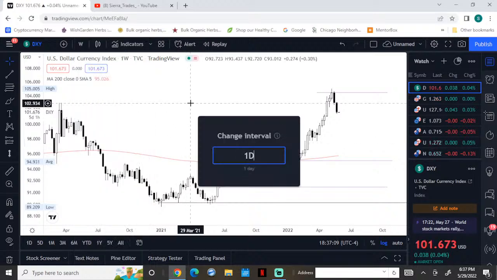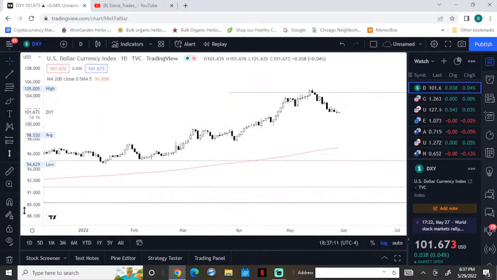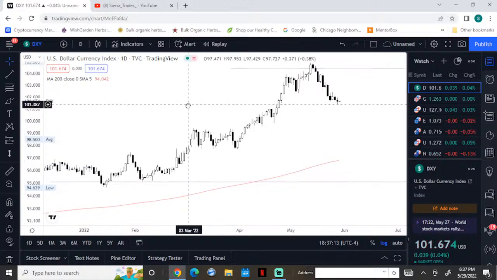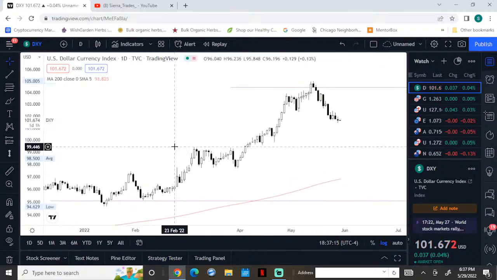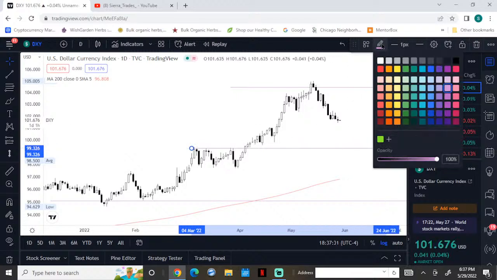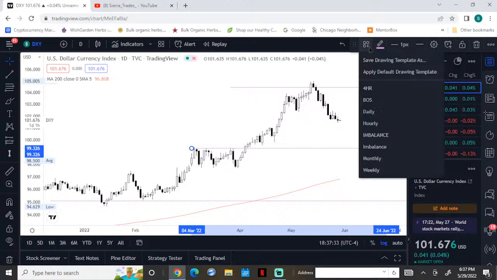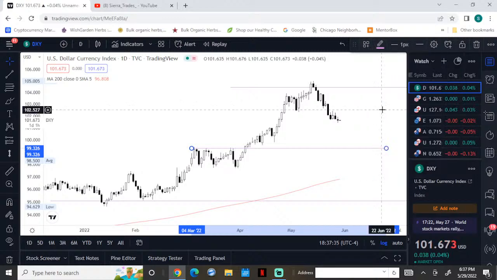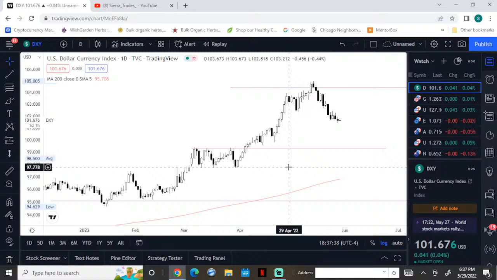Come down to the daily. Gonna mark this triple top right here. Change my daily to this pink area.